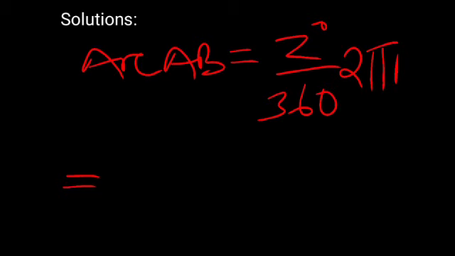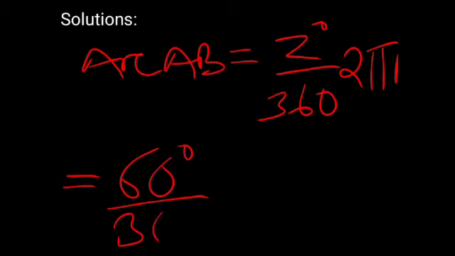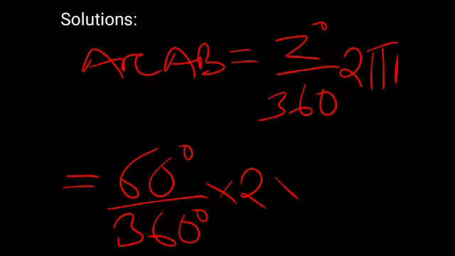the z is the angular difference, and we found that the angular difference is 60 degrees. That should be over the full revolution 360 degrees times 2 times the pi given.